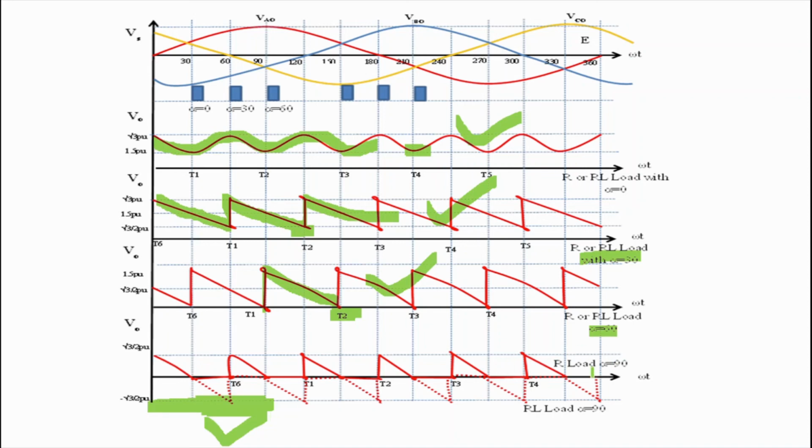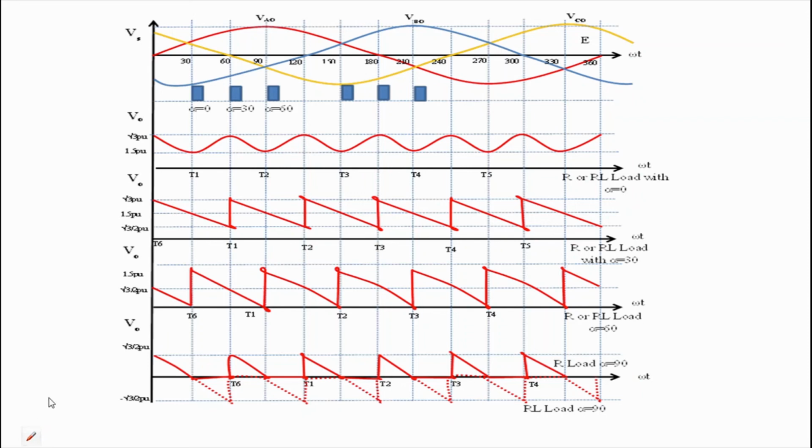If alpha is equal to 90 degree, that is greater than 60 degree, and the load is R type, for resistive load we never get the negative part of the waveform. This was already explained in my previous lecture. So in case of R load, we will not get this negative part, only this positive part.